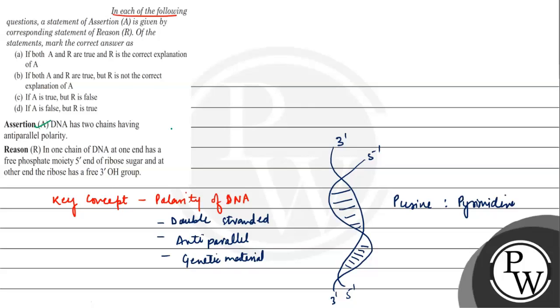Now we know that DNA is made up of deoxyribose sugar, which has a structure similar to this, and only at the third position it has OH. H, CH2OH, H, OH.